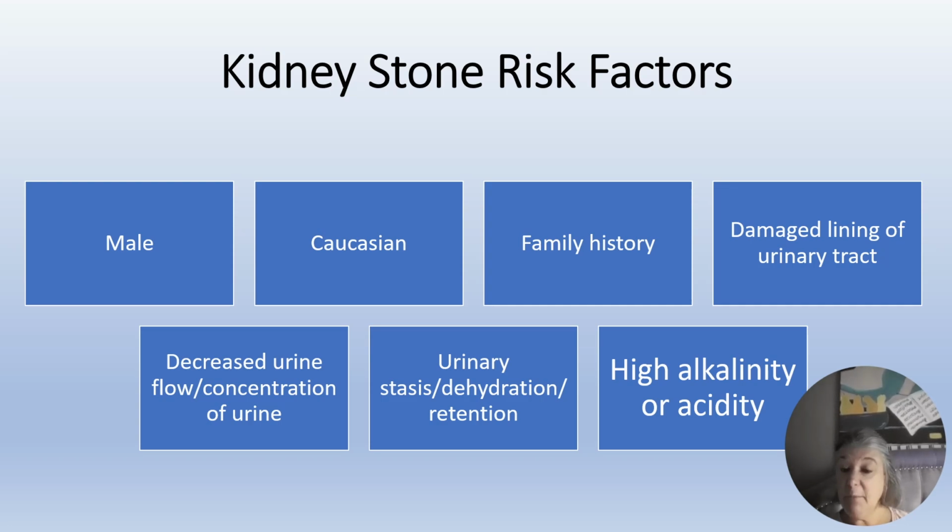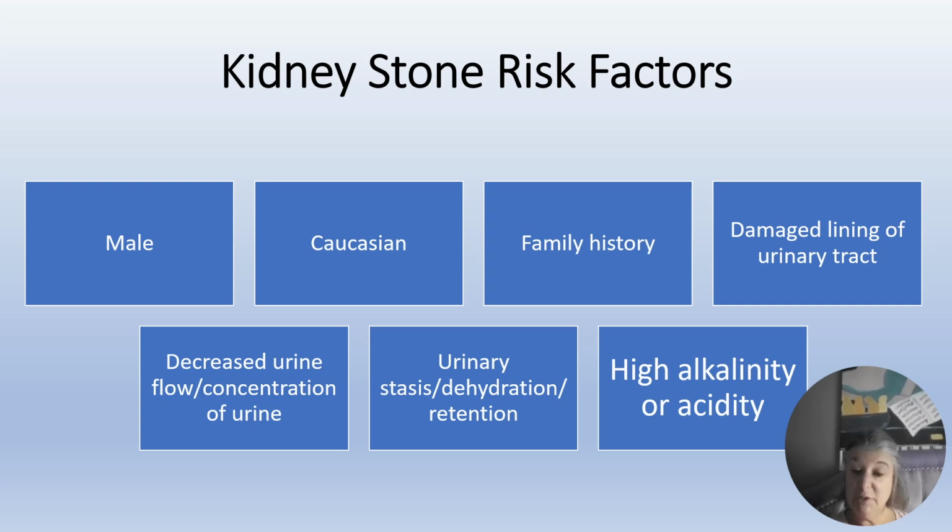But if you have damage to any of this lining, that's when we see clots and stones and all those sorts of things that can cause obstruction, because you now have little pockets where things can get stuck and accumulate, right? So things that would normally flush out nice and smooth are getting stuck and starting to accumulate, so we can end up with clots, stones, anything like that. So damaged lining of the urinary tract would be a risk factor.